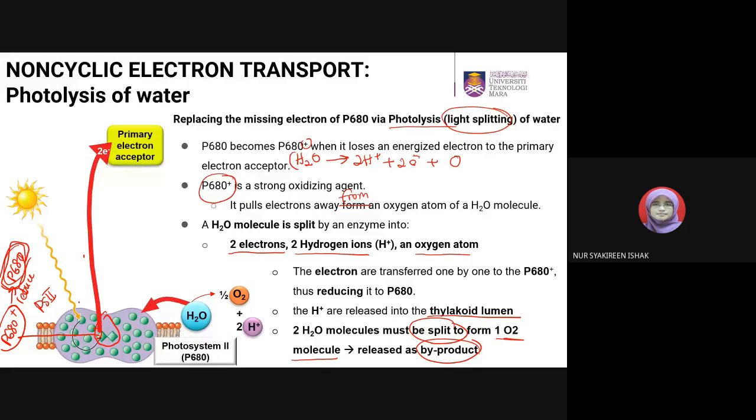So to produce one molecule of oxygen, you require 2 water molecules to be split, okay, to release one oxygen molecule. Ingat, so oxygen molecule is the byproduct of light reaction. Okay, light reaction yang berlaku dekat photosystem tu, sebab photosystem tu akan berlaku photolysis of water.